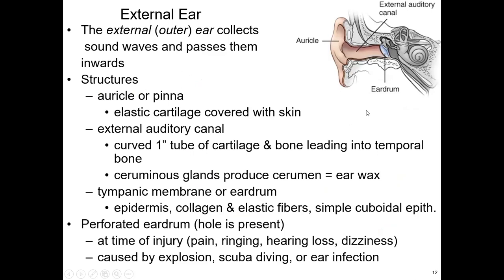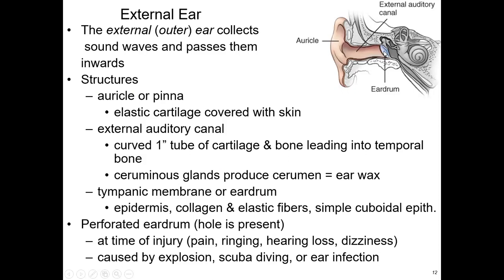In terms of the detection of those pressure waves, the sound waves, the auricle and the external ear canal are just funneling and channeling these pressure waves to the last part of the external ear.